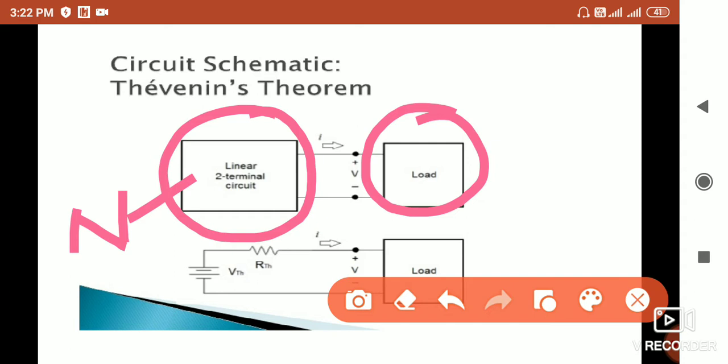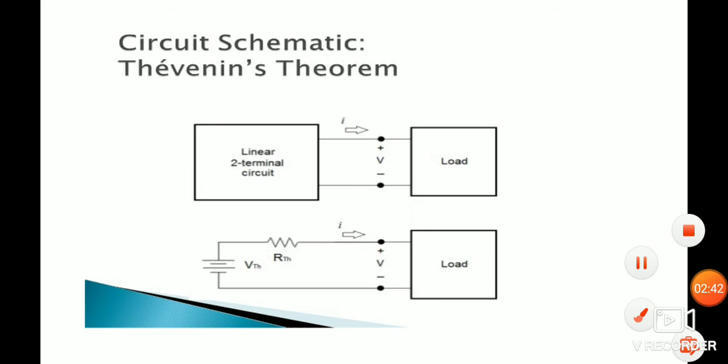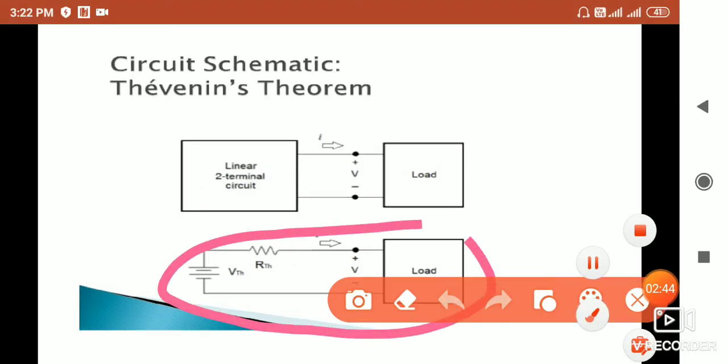A network can consist of more than two independent sources or more than two dependent sources. But for diploma students, generally we are talking only about independent voltage and current sources. So all the current and voltage sources can be replaced by one single voltage source and one single resistance in series with the voltage source. This is the load, and this is our Thevenin equivalent circuit across the load.